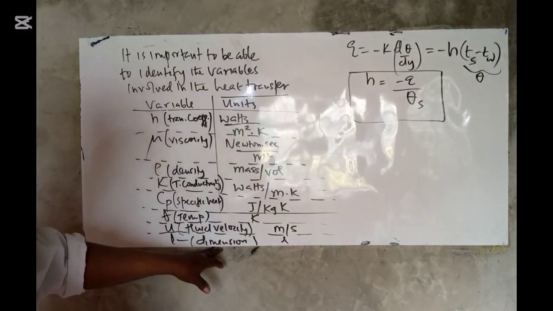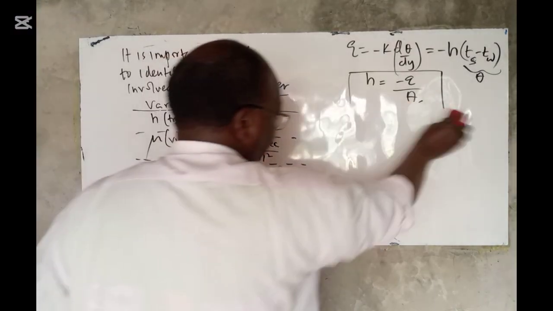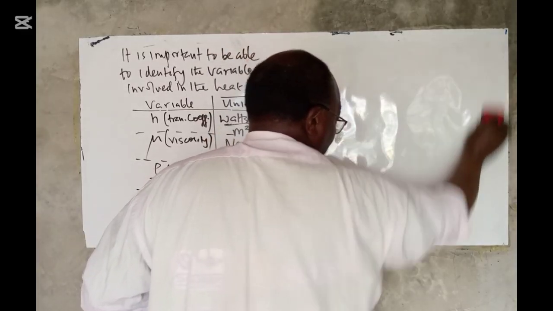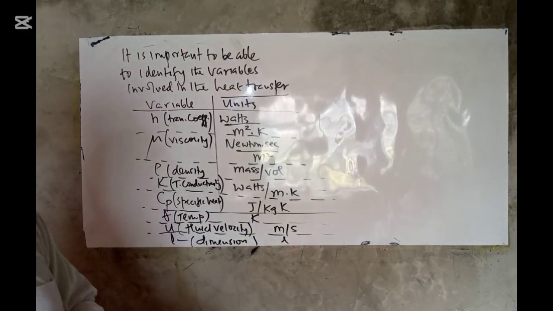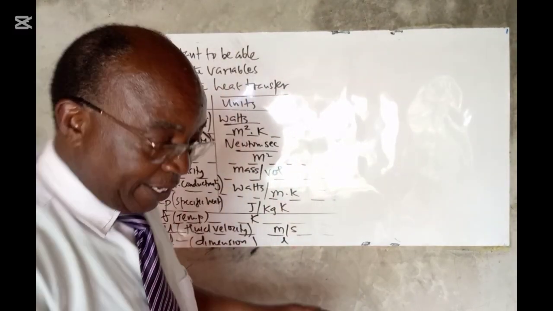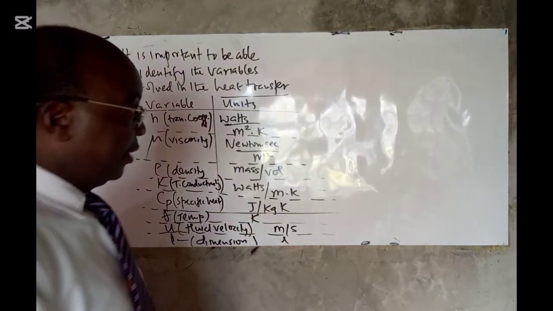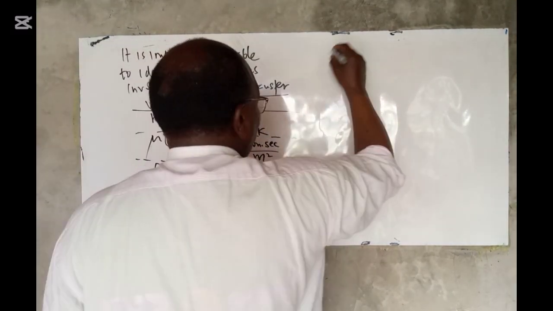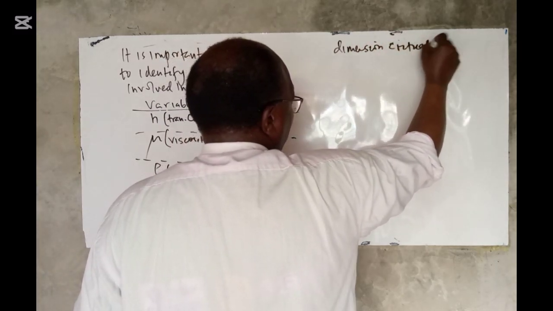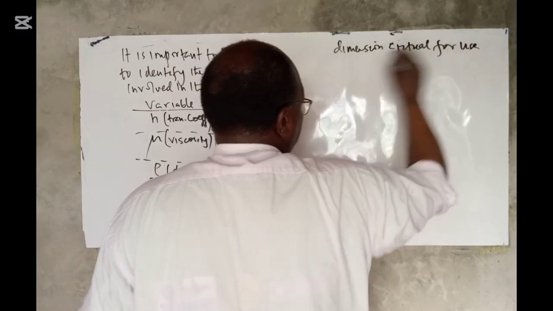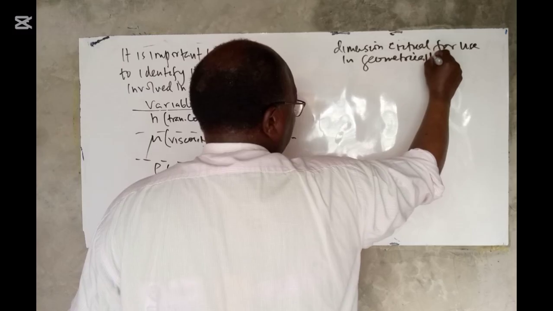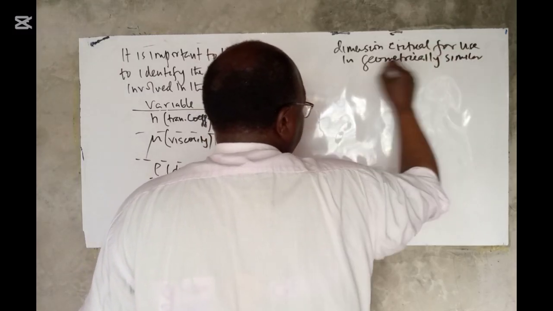And we have put this dimension because we are thinking that this equation which we are going to derive can be used in geometrically similar systems. We have talked about the principle of dynamic similarity, and one of the fundamental principles there was geometric similarity. So that dimension is critical for use in geometrically similar systems.